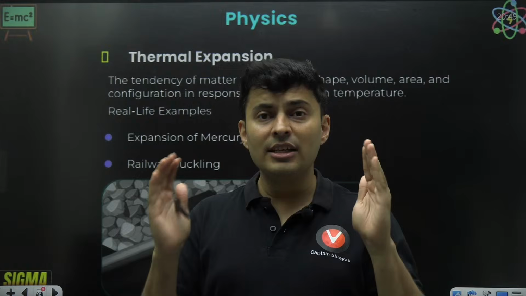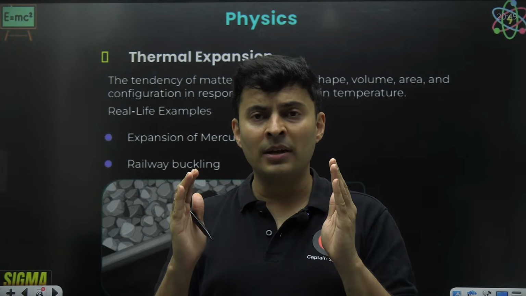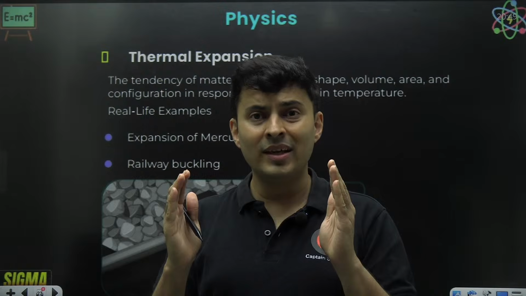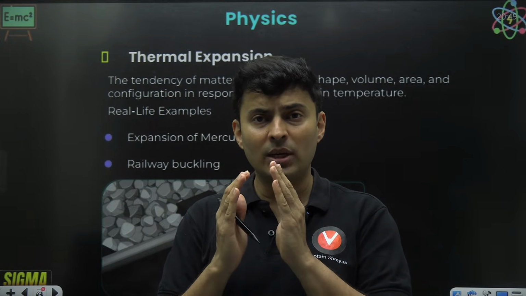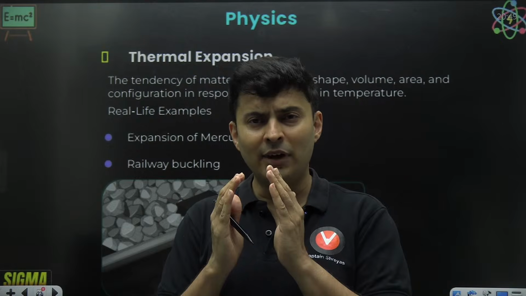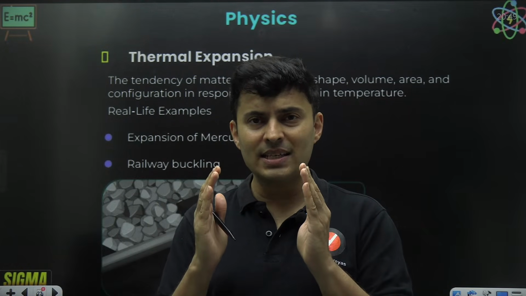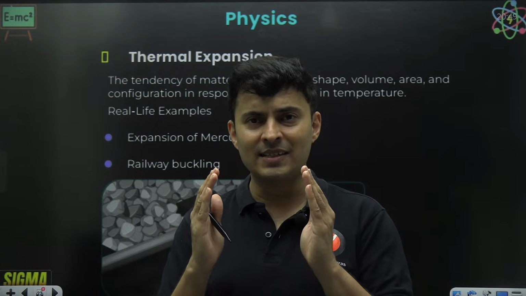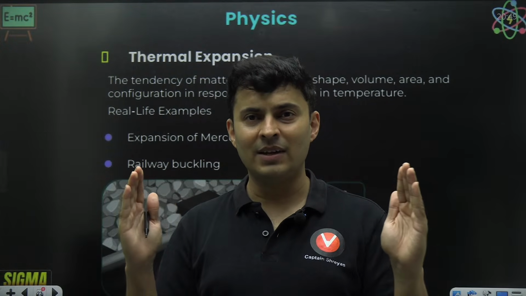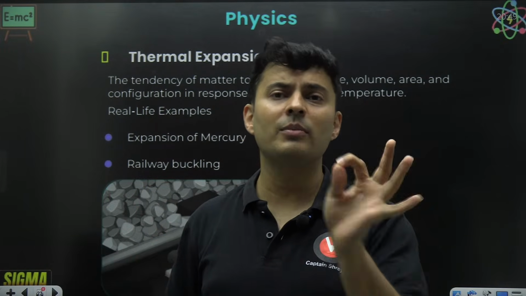In fact, 0 degrees Celsius water, after you heat it, becomes smaller at 1 degree Celsius, even smaller at 2, even smaller at 3, even smaller at 4. At 5 degrees, again it starts expanding. So until you reach 4 degrees Celsius, it contracts. After 4, 4.01, 4.02, it starts expanding, 5, 6, 7, like that. So water shows anomalous behavior between 0 and 4.